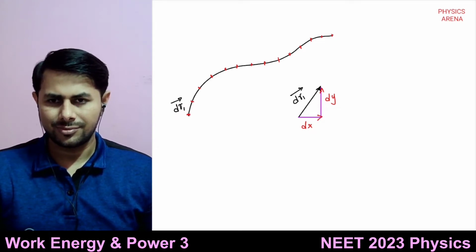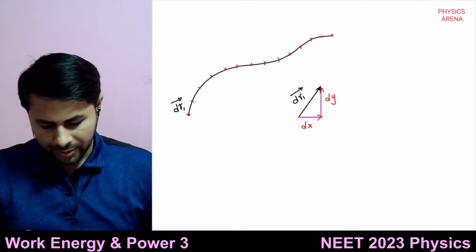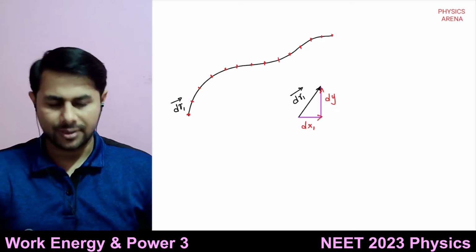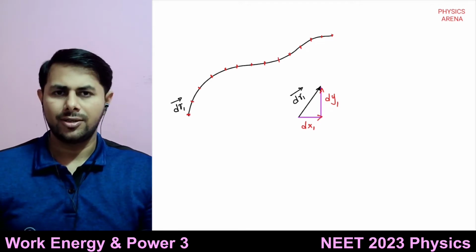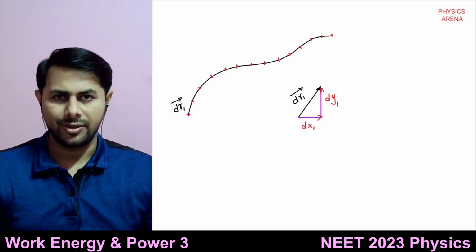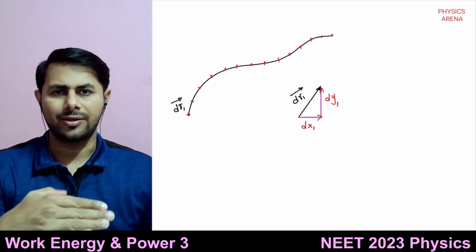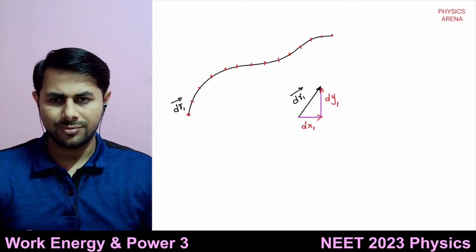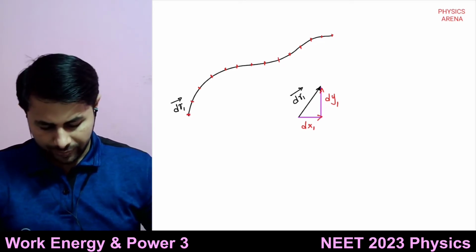Yes, sir. Okay, so work done in moving the object along dx, let's call it dx1, dy1. So work done to move the object against gravity along dx1 will be equal to 0, right?